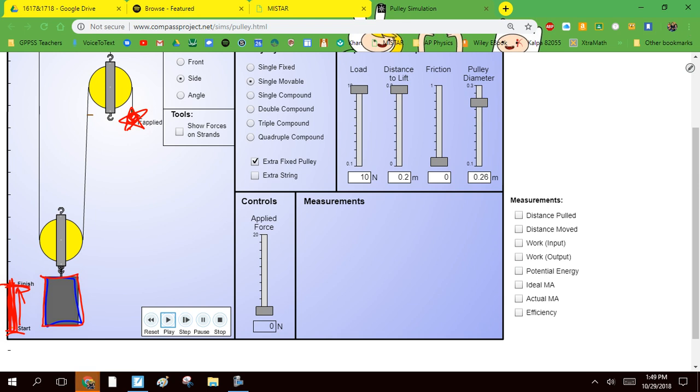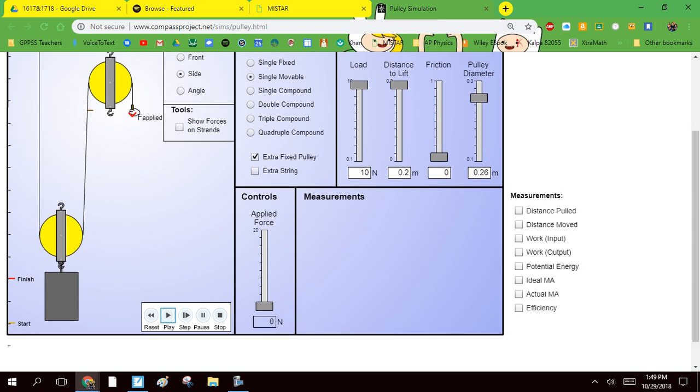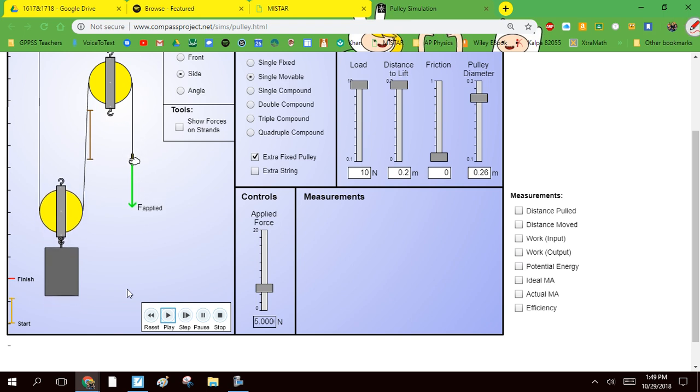So let me clear up the drawing here. And I'm going to increase my applied force. All right, and what you can see, I'll wait until it's done moving.